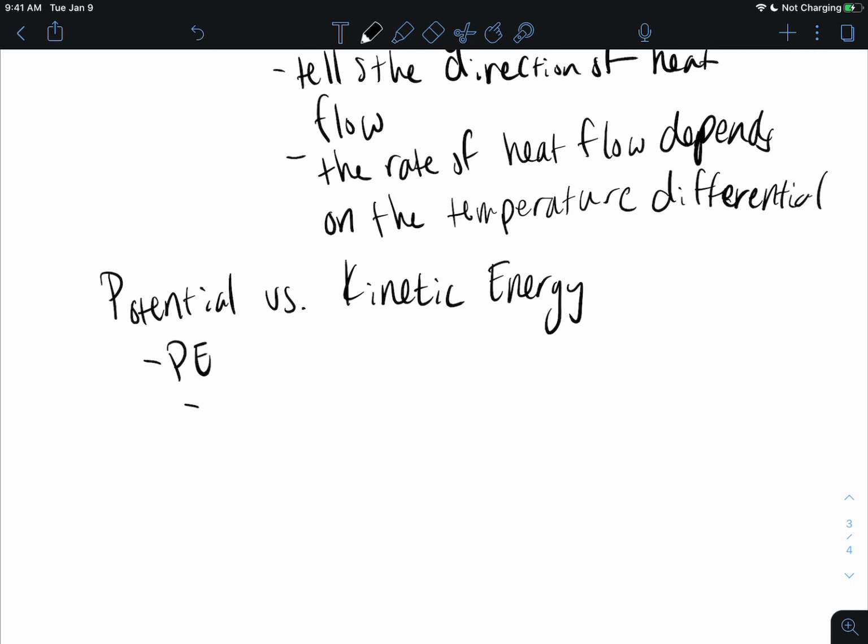And one of the most common potential energy sources we look at is electrostatic potential energy, which is an interaction between charged particles.